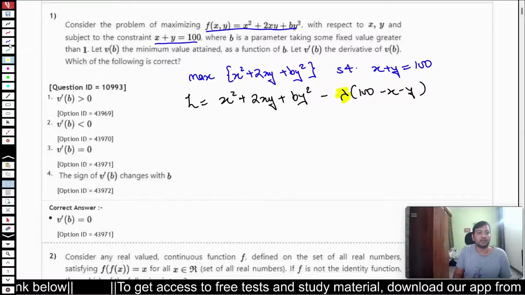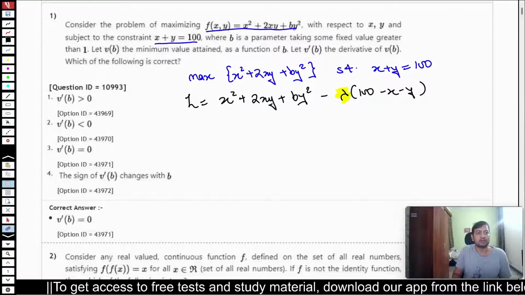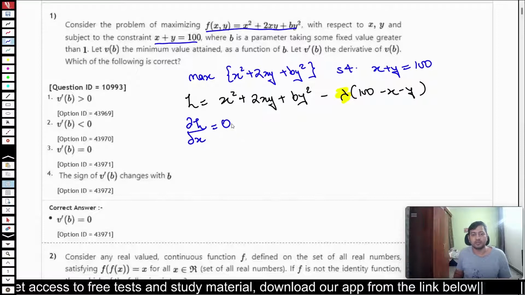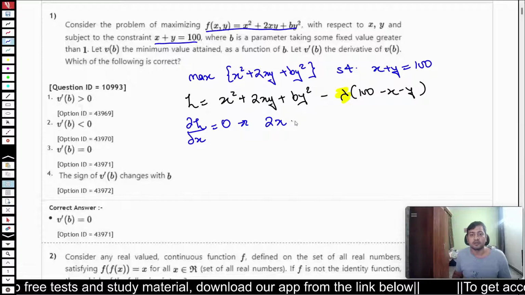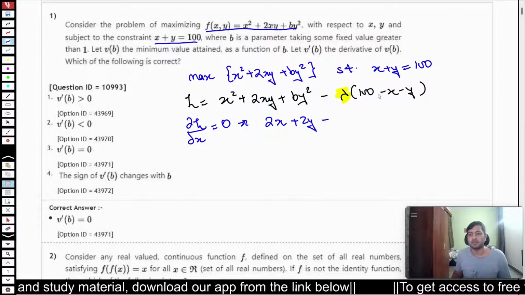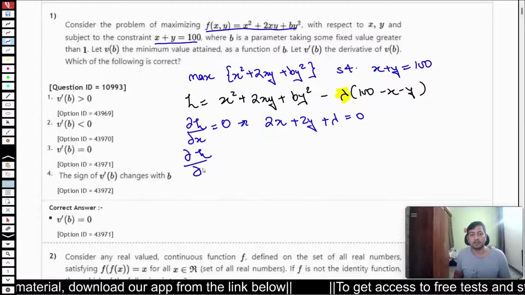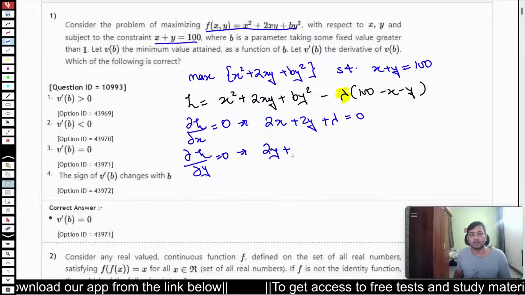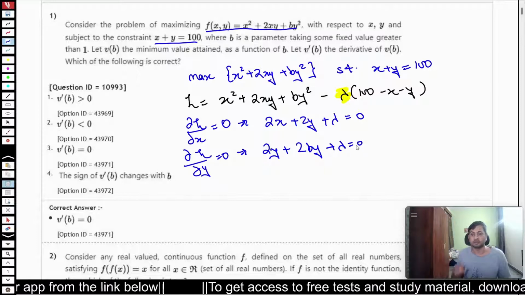So what I'll do is simply take del Lagrangian by del x equals 0, which implies 2x plus 2by, minus lambda into minus 1 is going to be plus lambda, equals 0. Similarly, del Lagrangian by del y equals 0, which gives me 2bx plus 2by plus lambda equals 0.